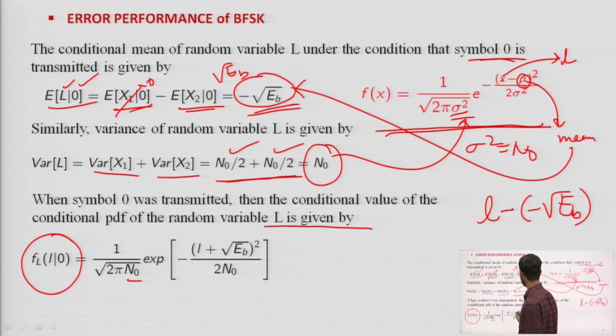So, this is l plus root EB whole square divided by 2 sigma square, that is 2 N naught.